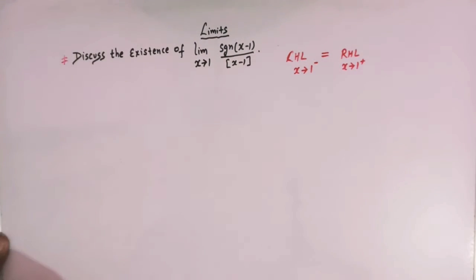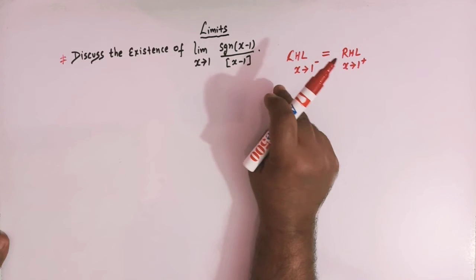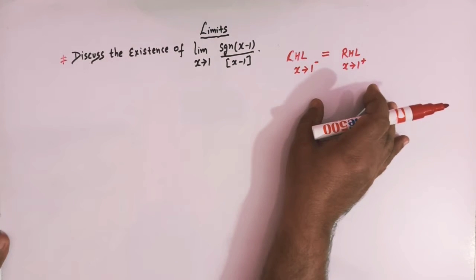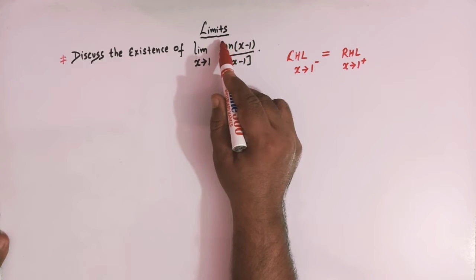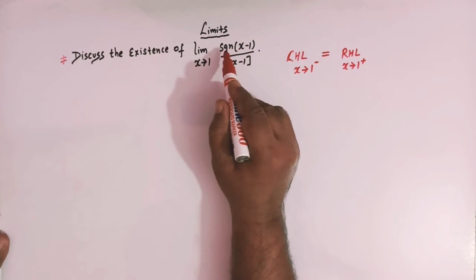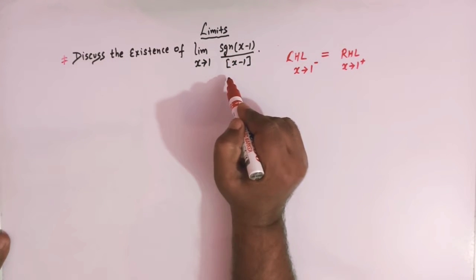So let us first find the left hand limit. Now in order to find the left hand limit or the right hand limit, here we see that we have the function in the form of the quotient of the signum function and the greatest integer function.